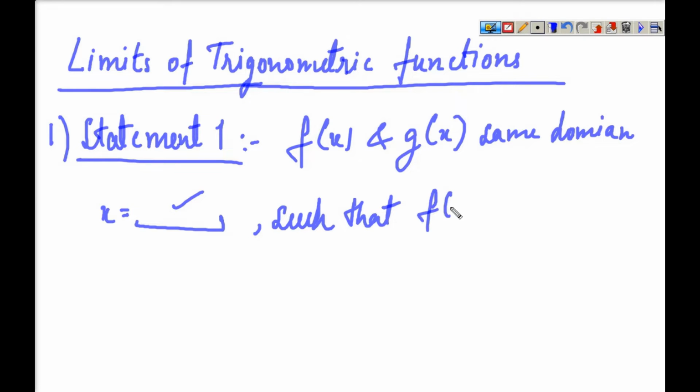Such that for all values of x, f of x is less than or equal to g of x. So overall the values of the function f are less than or equal to g of x.